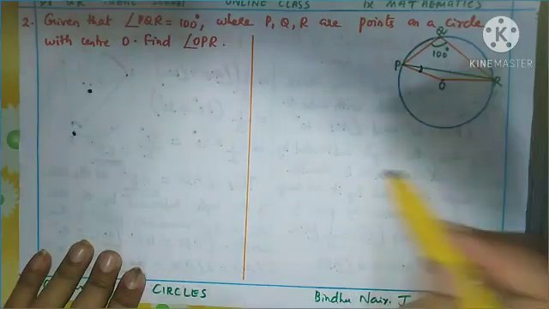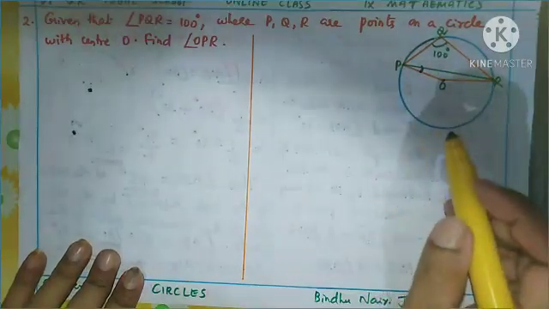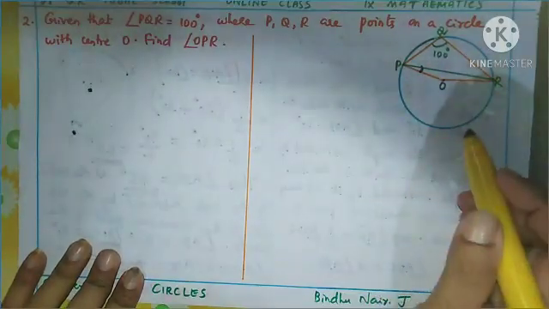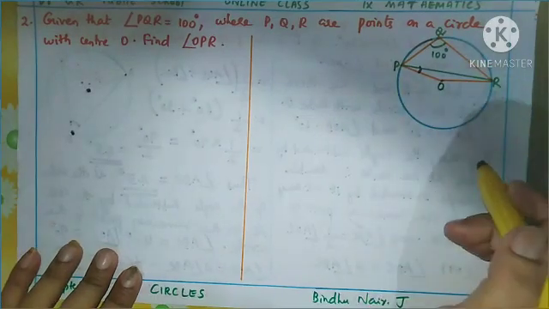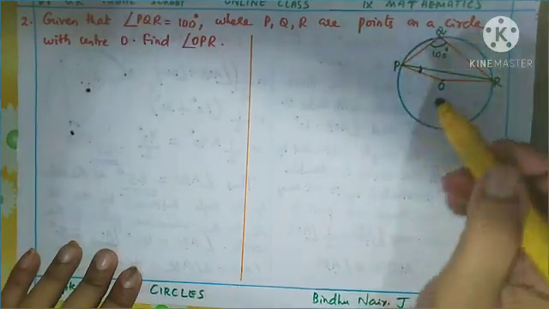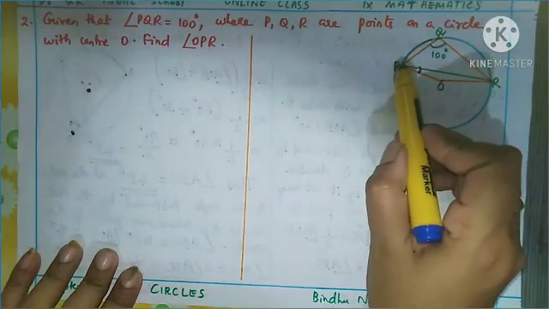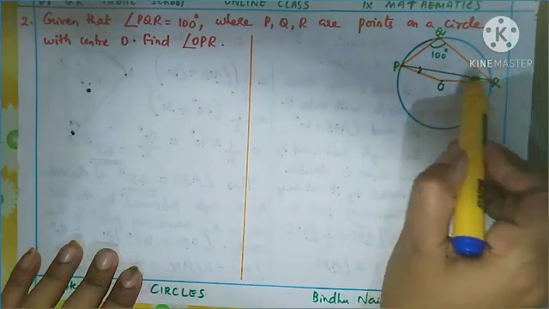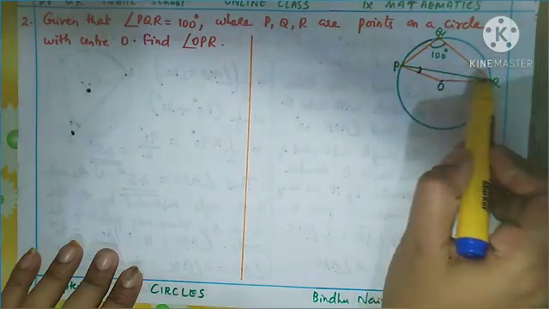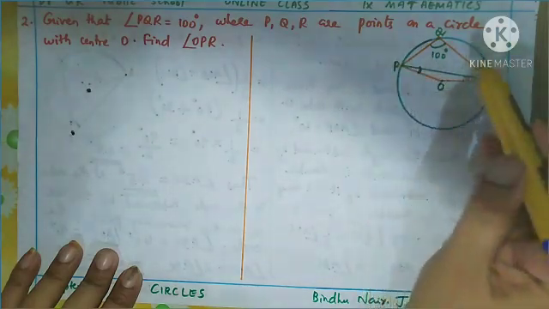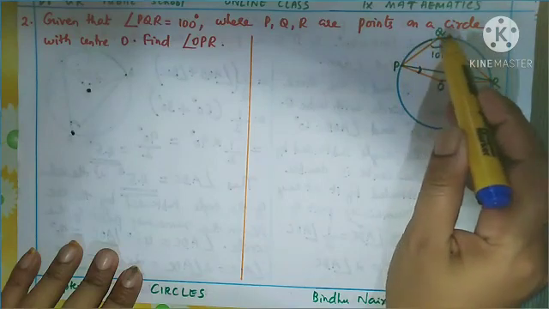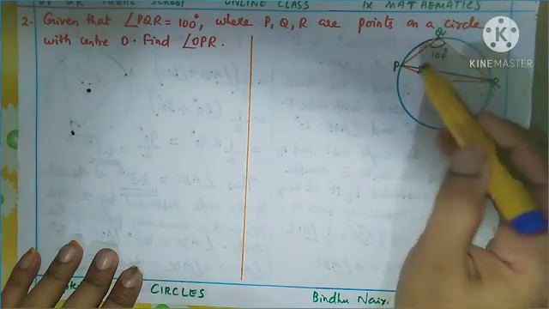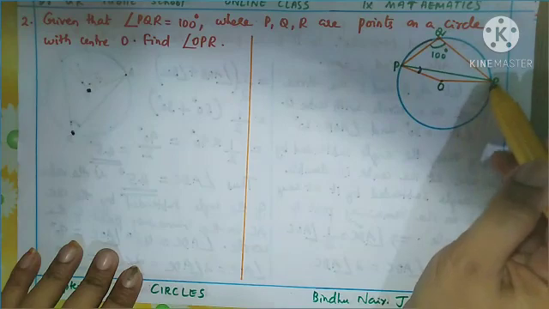So, in this problem, in order to get our answer, we are doing some constructions and you want to understand that properly. Here you can see this circle, this line segment PR is dividing the circle into two portions. This portion is the minor arc and this is the major arc.